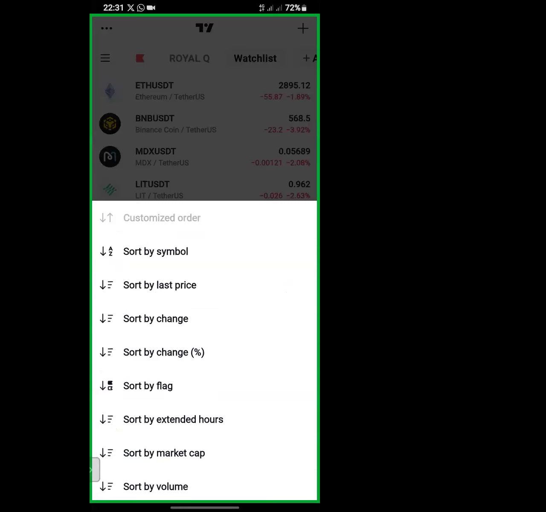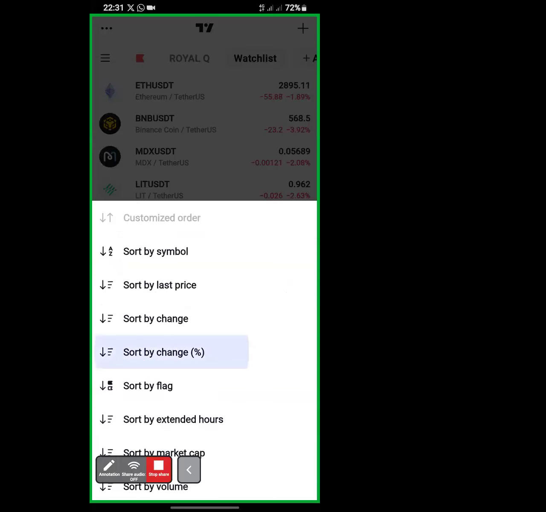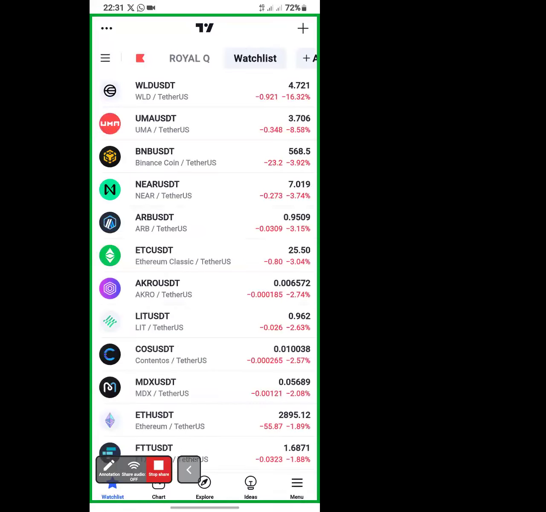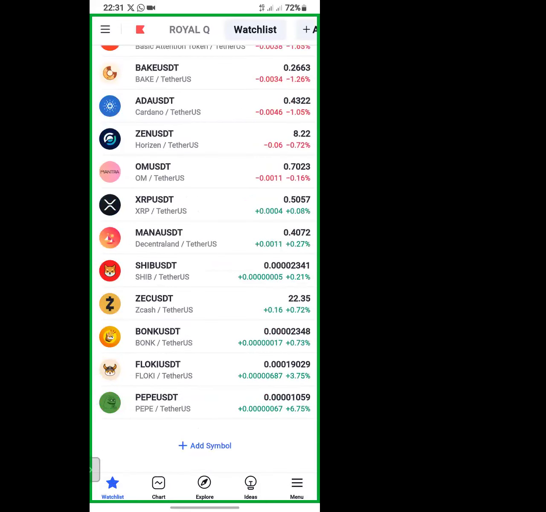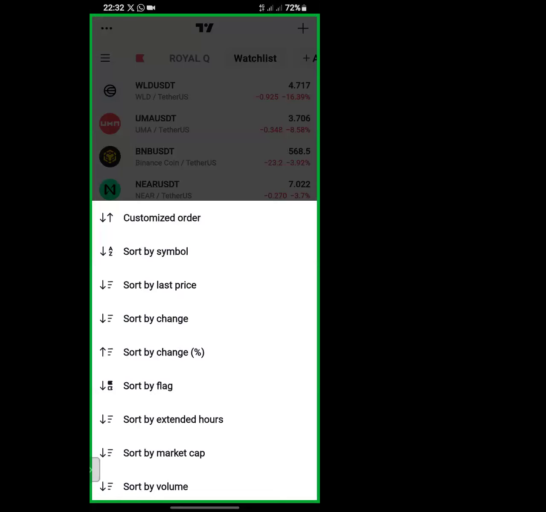In most cases, we sort by percentage change, or maybe the return rate, this one here. So you arrange them according to how they are performing, from the worst to the best performance. If I want to arrange from the best to the worst, I go back and click on sort by change, percentage change. You can see it in the bracket, this one here.